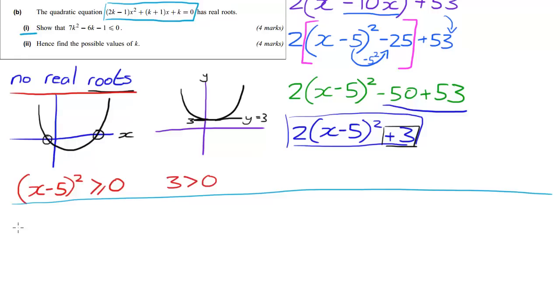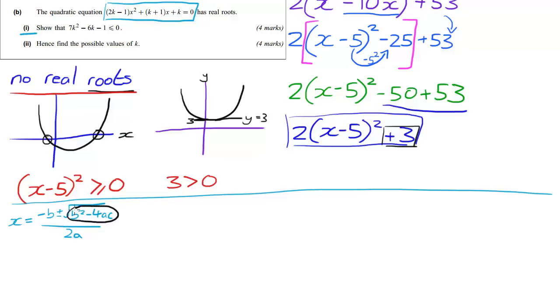Well, we know from the quadratic formula, and we write that x equals minus b plus or minus the square root of b squared minus 4ac all over 2a. So the bit that we are interested in is this part in here.